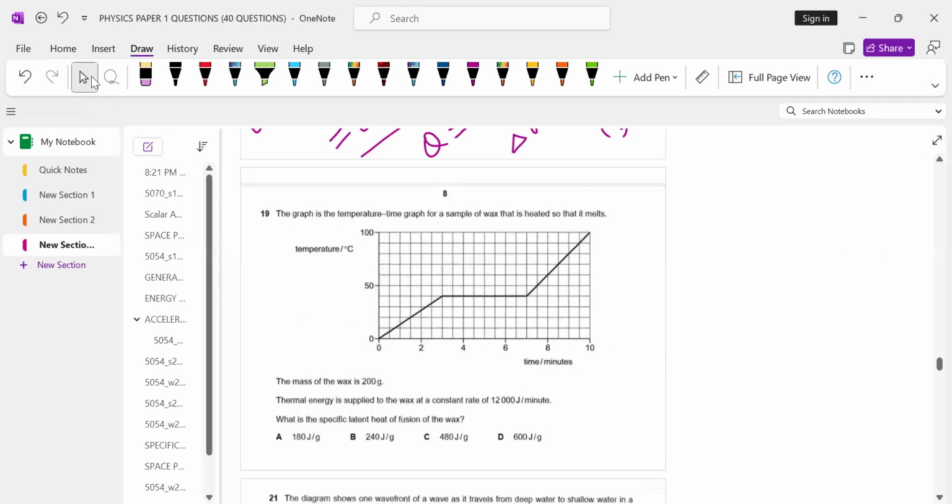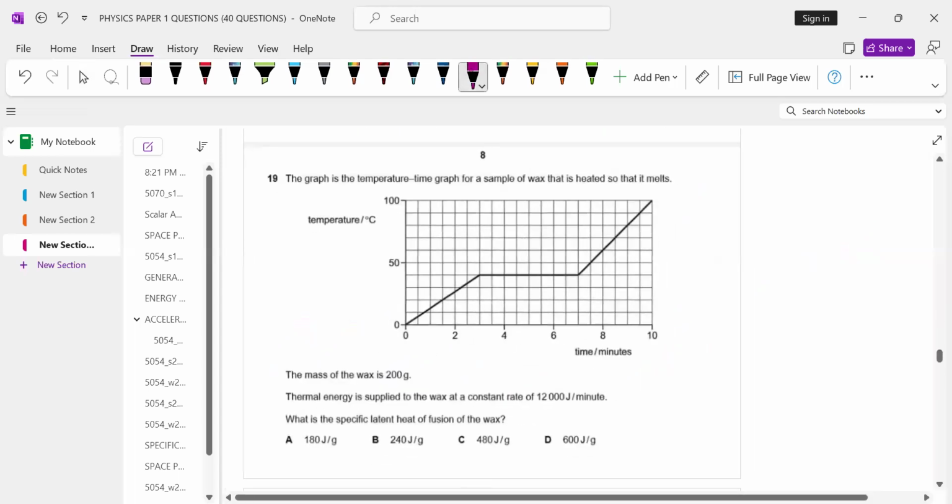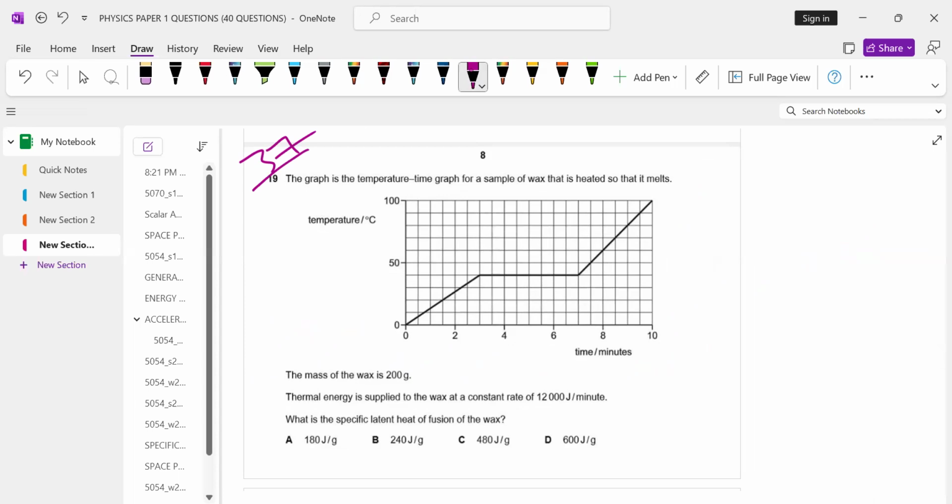Let's move towards question number 37. Question 37 says that a temperature-time graph is given for a sample of wax that is heated so that it melts. The mass is 200 grams, and thermal energy is supplied to the wax at a constant rate of 12,000 joules per minute.